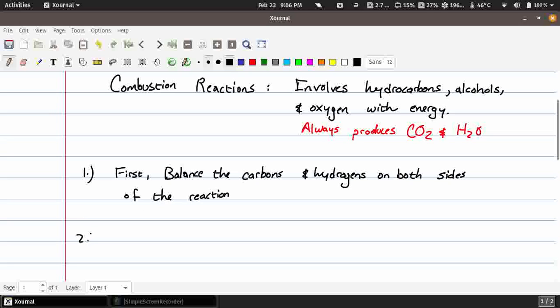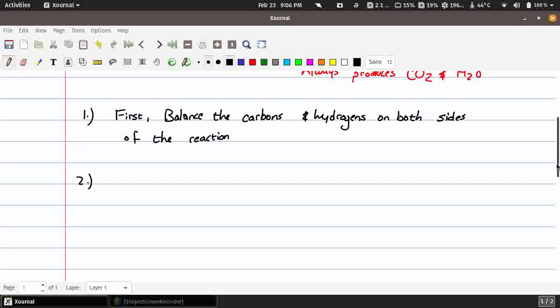If at any time you need to write these down, if I'm going too fast, just pause it, write the steps down, and then replay it from where you're at. So step 2 is balance the oxygen atoms. And then we have step 3, balance anything else that isn't balanced.